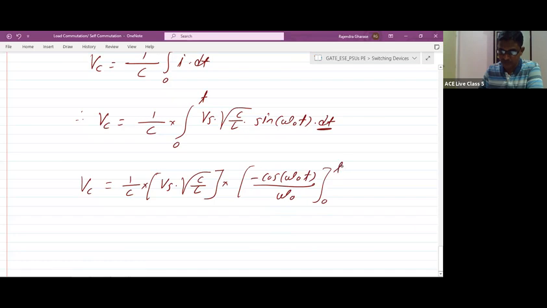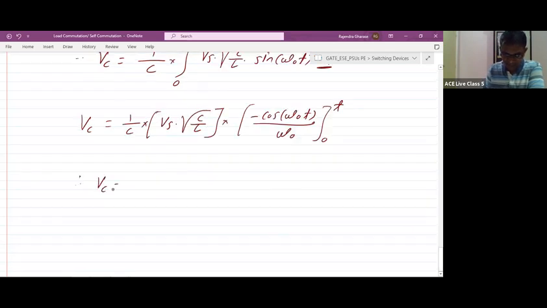Limit 0 to t. Now here it is divided by C and here it is under root C, so root C will get cancelled out. That will be Vs into 1 by root LC, into, with omega 0 being again 1 by root LC, 1 upon 1 by root LC.